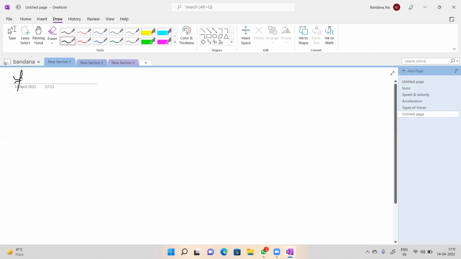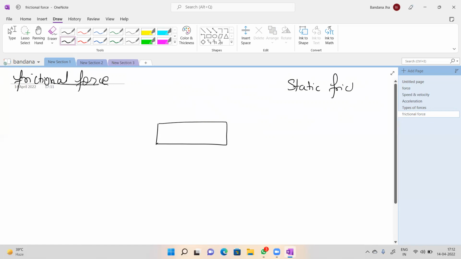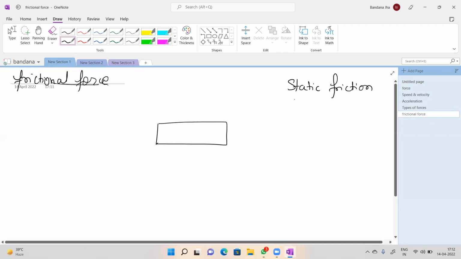So, we will study frictional force first. If we are talking about a body, there are two types of forces applying on this body. One is the static frictional force, and another is the dynamic frictional force.